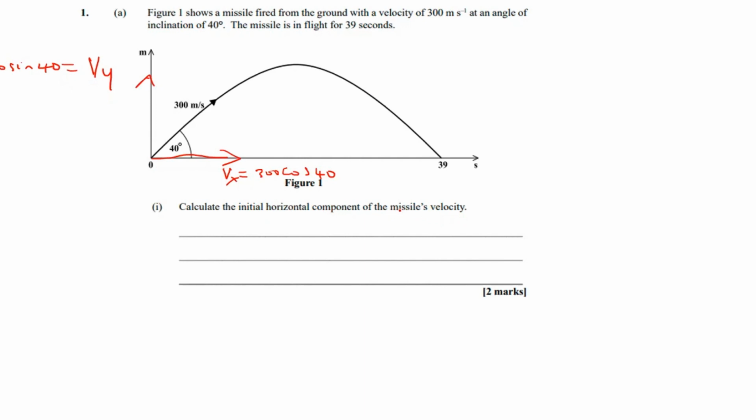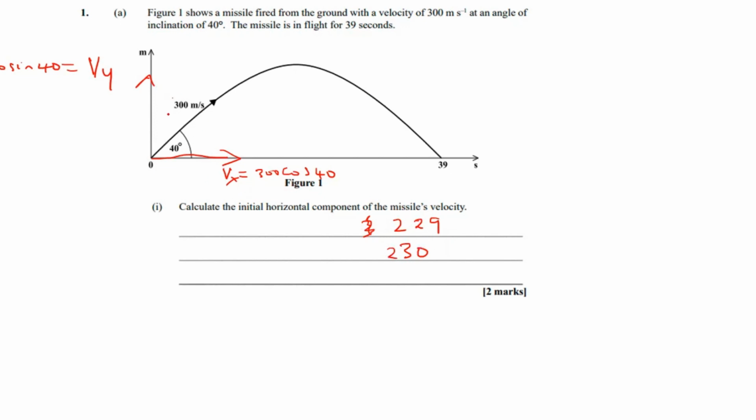So once we have that, we can work it out. Tell me what the value is. 229.8 meters per second. Let's just keep it as 230, yeah?